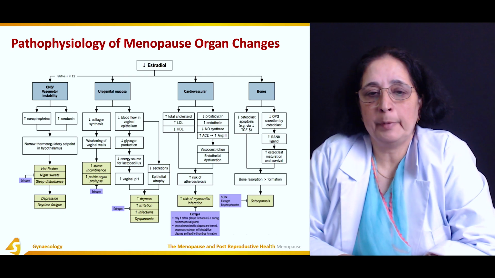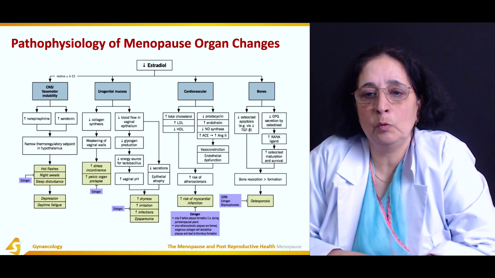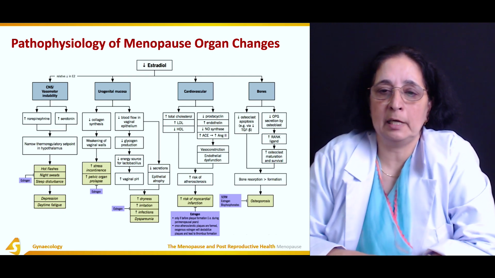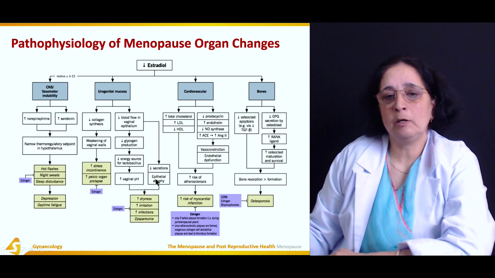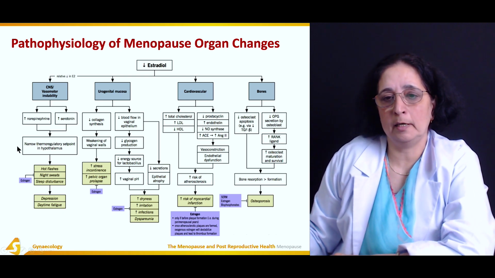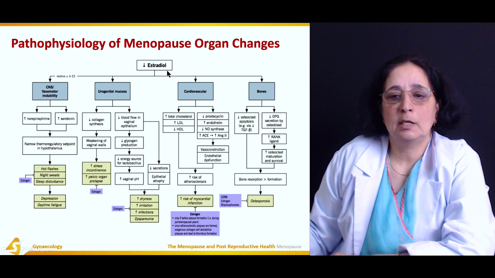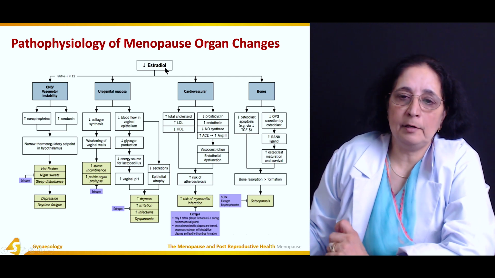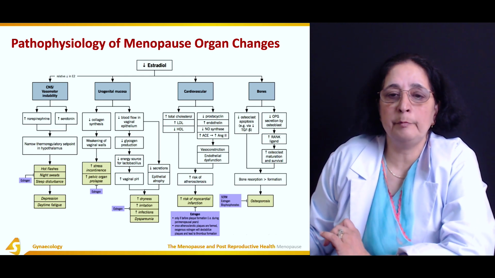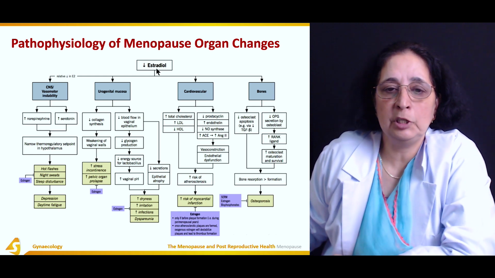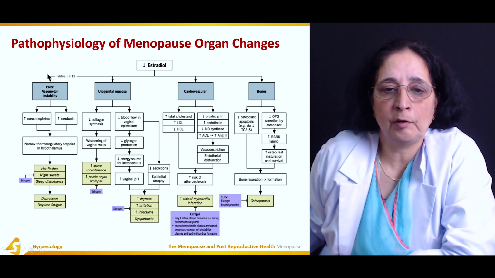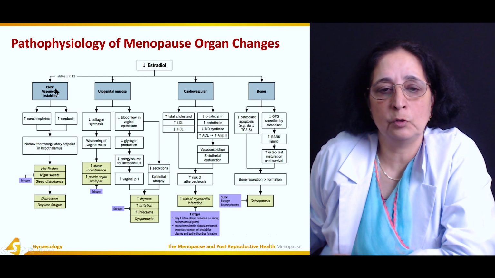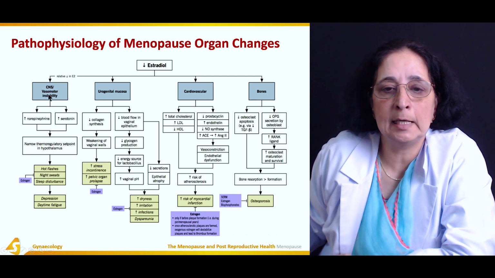So this is some of the pathophysiology of menopause organ changes, and the main cause of these changes is the decrease in estradiol, which is the estrogen. Decreased level of estrogen after menopause leads to changes in the central nervous system and also vasomotor instability.